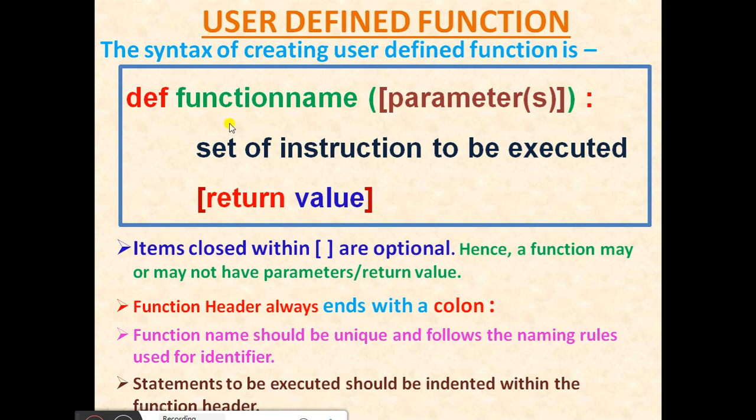Means whatever instruction you want to be executed under a specific function should be indented properly within the defined function. It should not be on the same line as def. It should be indented inside the function which is defined here.